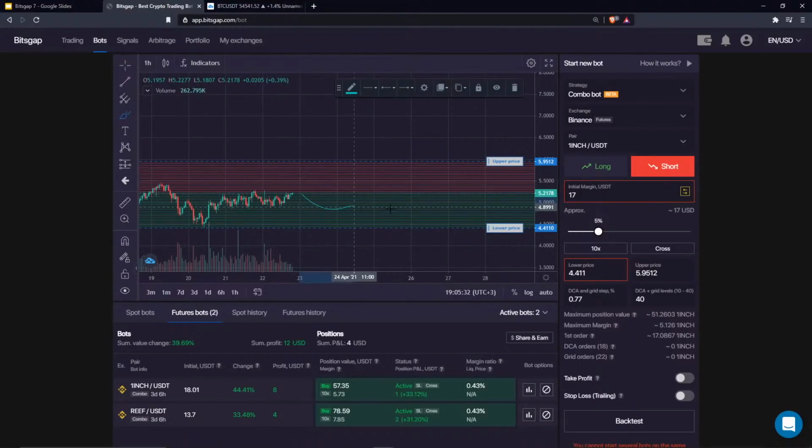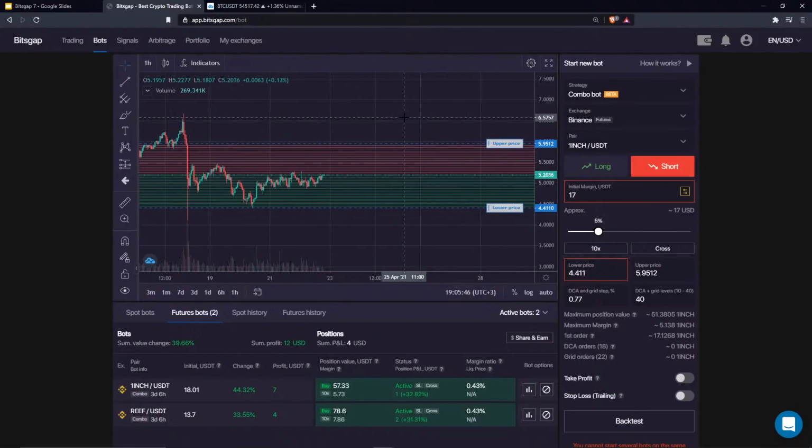So if the price falls, this is your area of return. Anyway, let's see what we have so far.